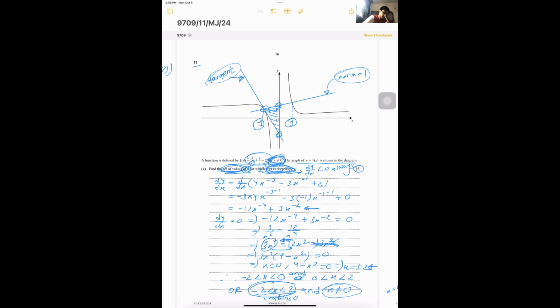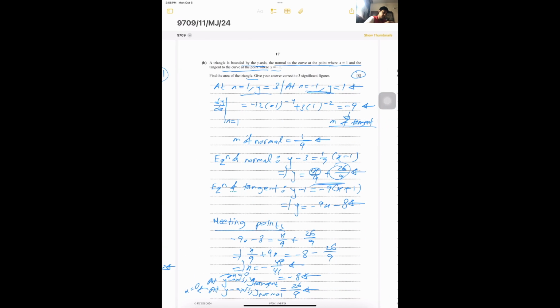At their meeting point, the x value is this. So now let me show you how you can find the area.